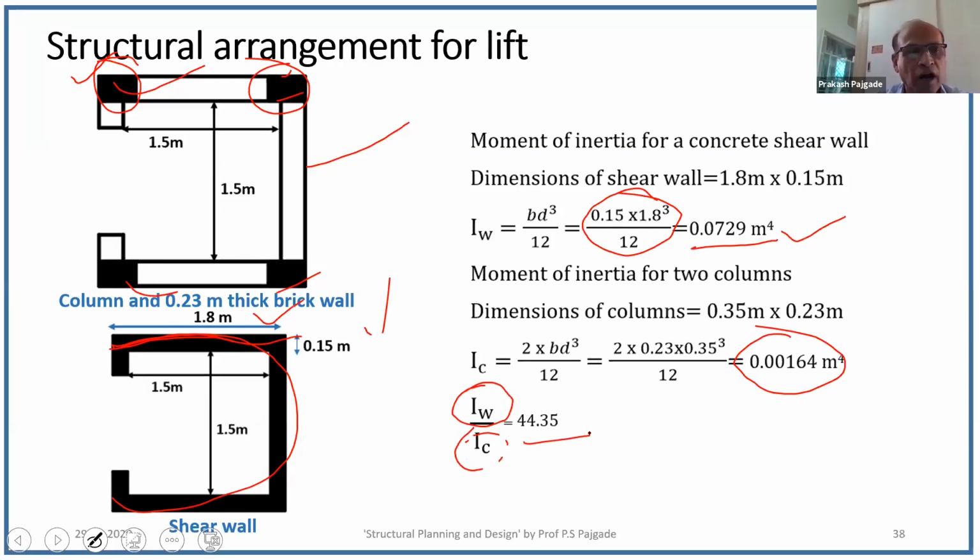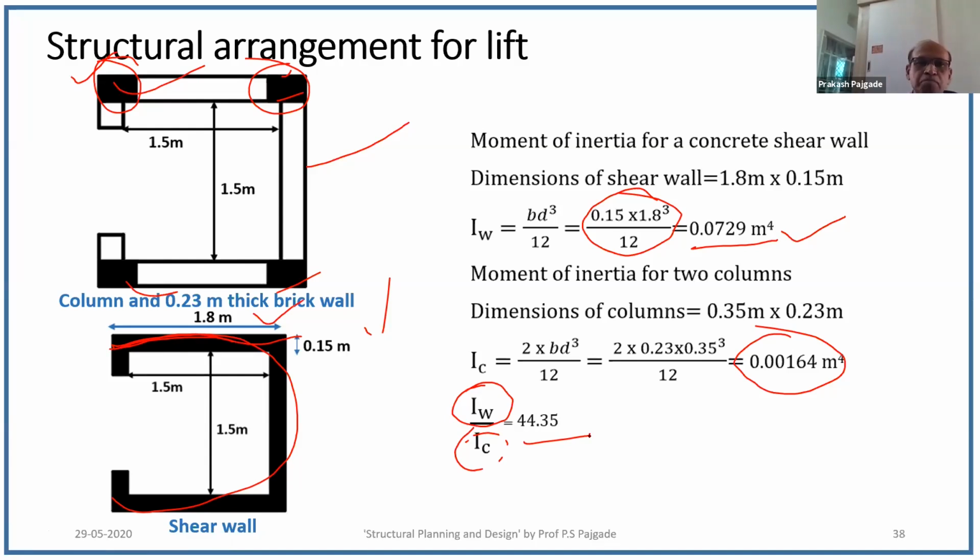So this wall will be very strong. Whenever it is possible, try to provide an RCC wall, at least for the lift core. It will increase the resistance of the structure, and its resistance against wind or earthquake will be very, very large compared to the columns. It is 44 times stronger than these 2 columns.